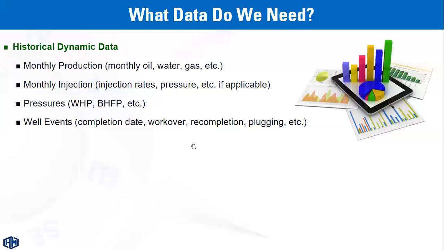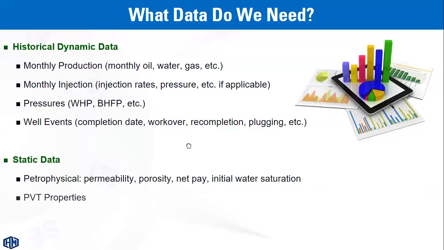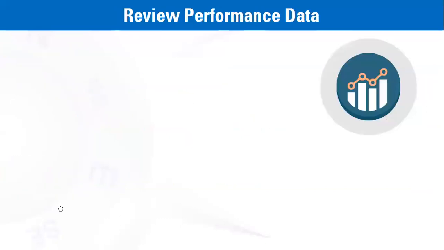So back to OFM. So we have the historical dynamic data and monthly production, monthly injection pressures, well events like completion and workover plugging data, static data related to physical parameters or maybe PVT data.